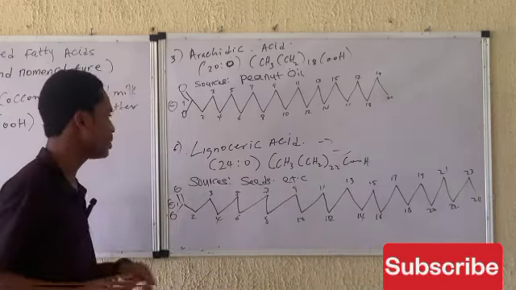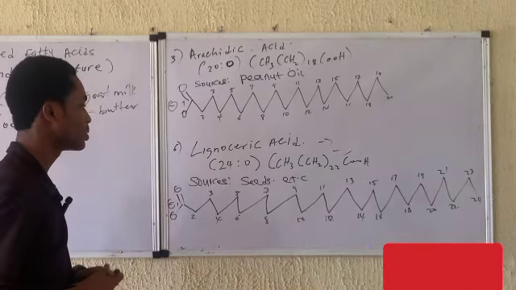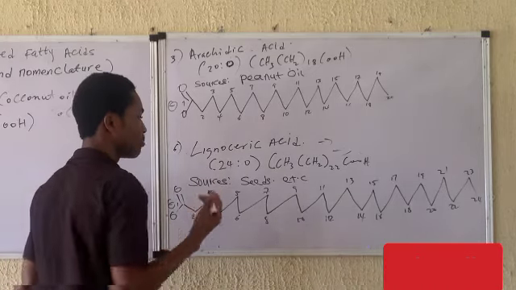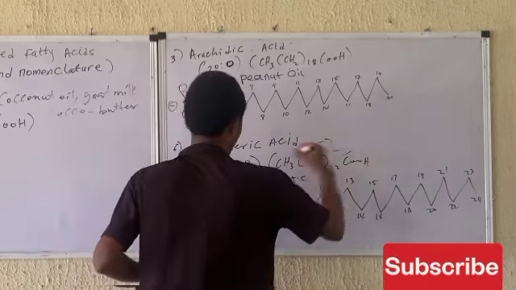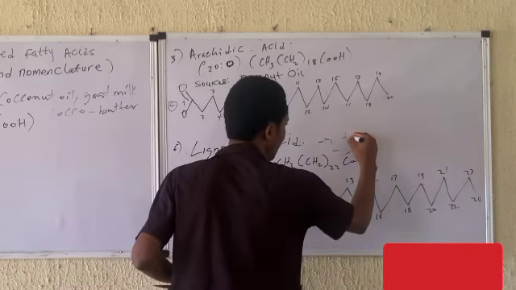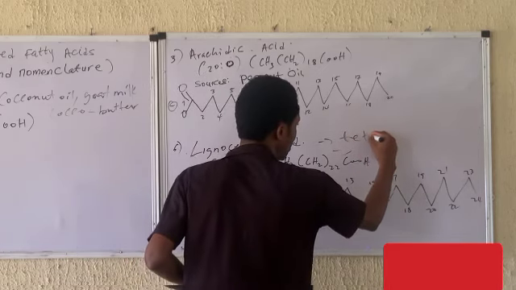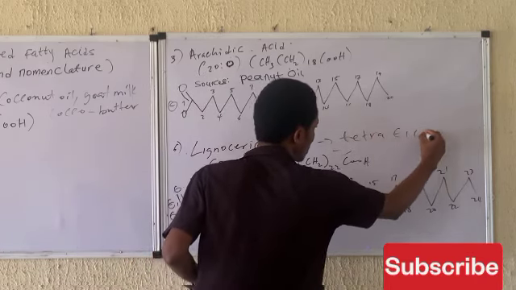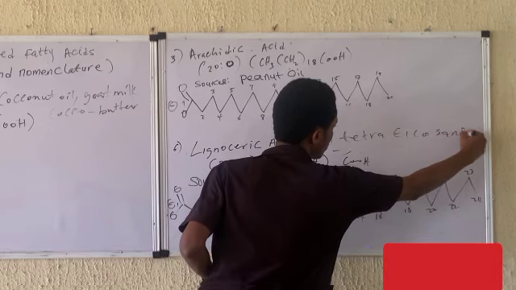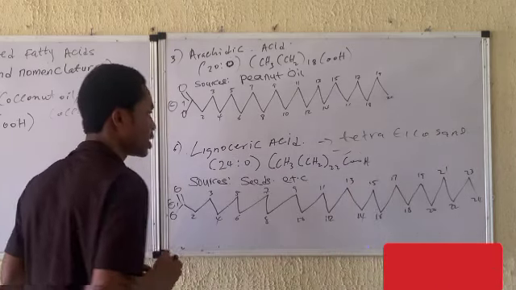Now, the IUPAC naming of this compound displayed on the board, using the IUPAC pattern, 24 is tetracosane.